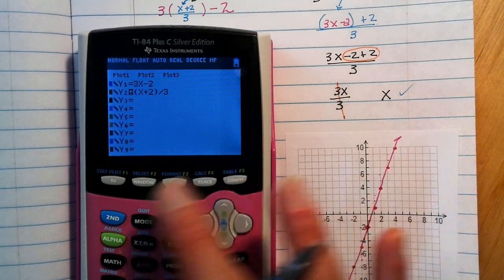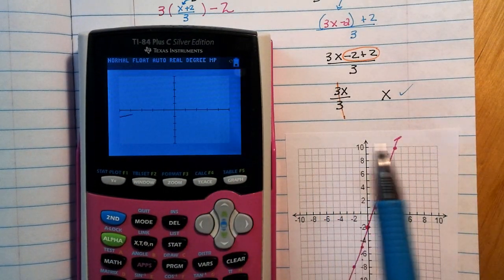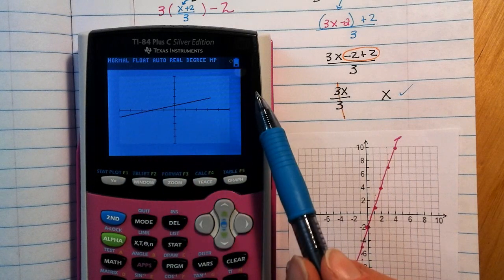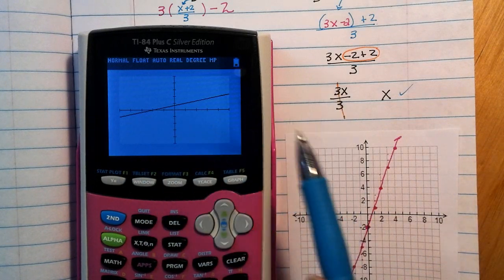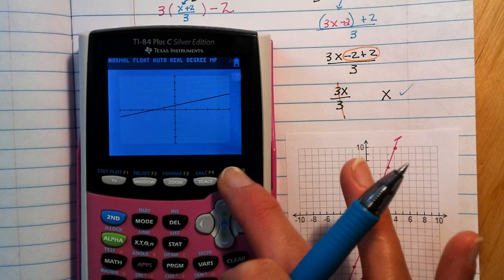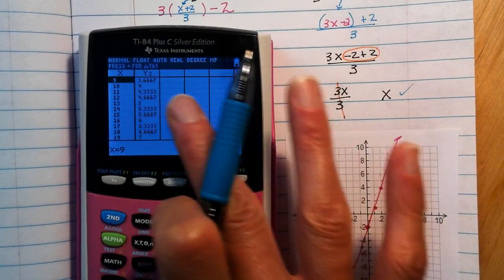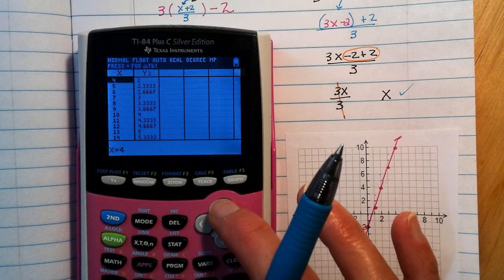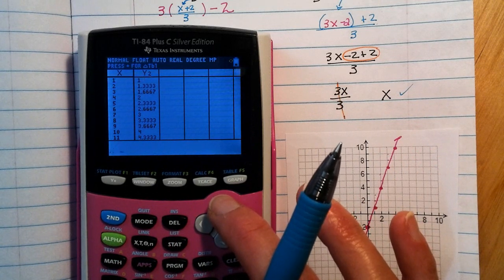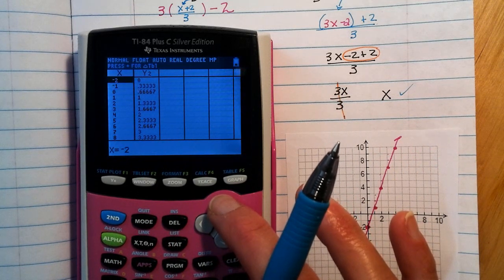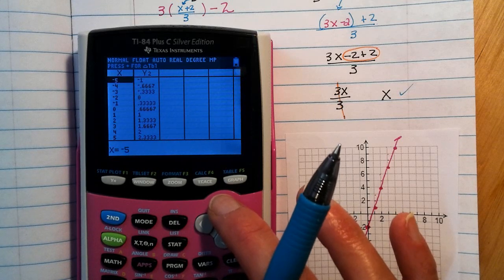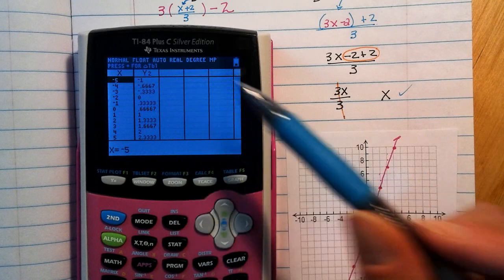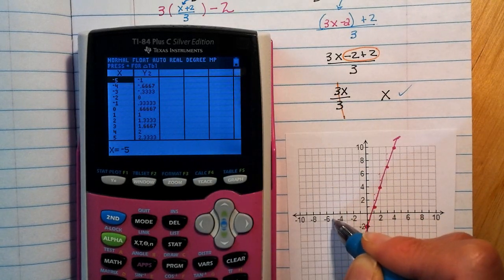When I look at my graph, I can see it's fairly flat, and it has a positive slope. Then I look at my table, and I'm only going to plot the integers. You can see we have a lot of decimals there. So let's get to something kind of nice. At -5, I have -1.